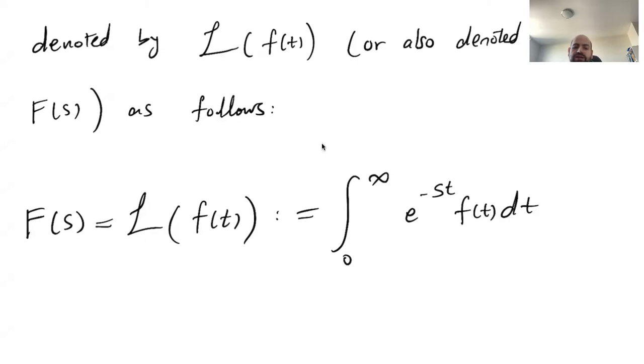If it's convergent, then we define it as the Laplace transform of f of t. If it's divergent for some values of s, then for those values of s, the Laplace transform is undefined. So the Laplace transform is a function of s, and it's defined as long as this integral is convergent.